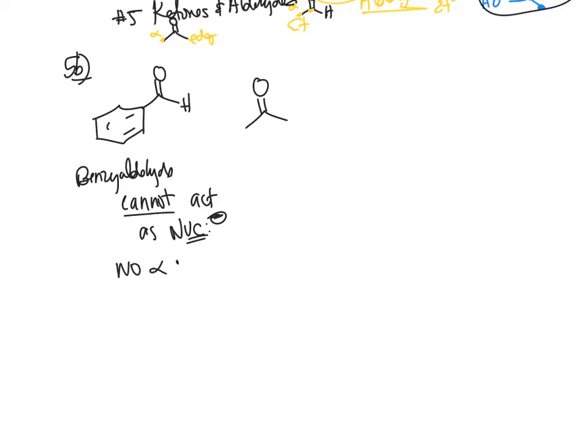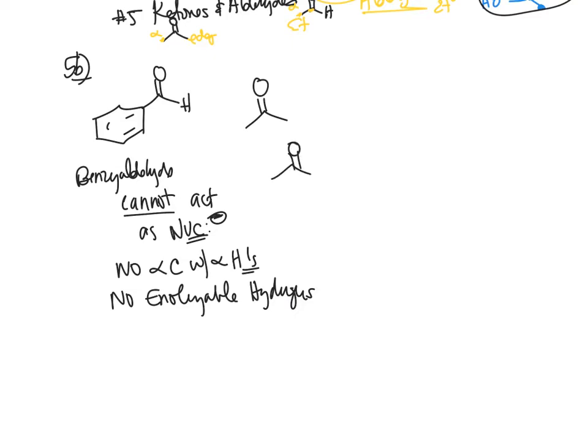There's no alpha carbon with alpha hydrogens. Okay, that's why. They call it no enolizable hydrogens. So the only one that can make an enolate is the propanone. And so there's your alpha carbon. And draw the most likely product of the above reaction.